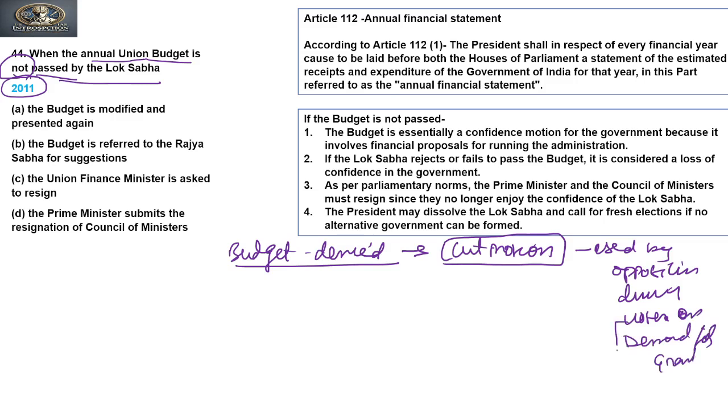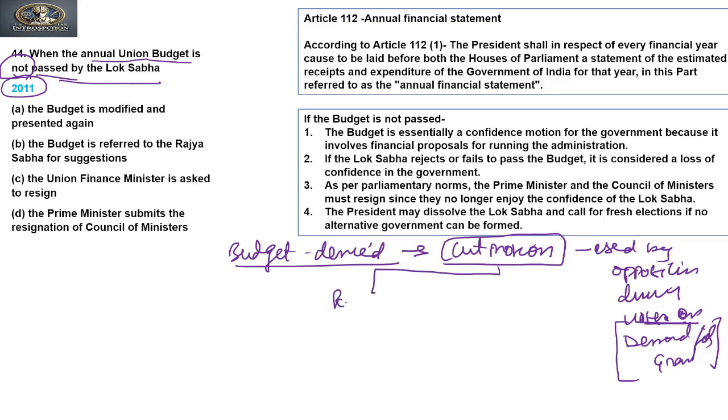When the government puts their demand for grants during the vote and the House has to vote on the demand for grants, the opposition uses cut motions.